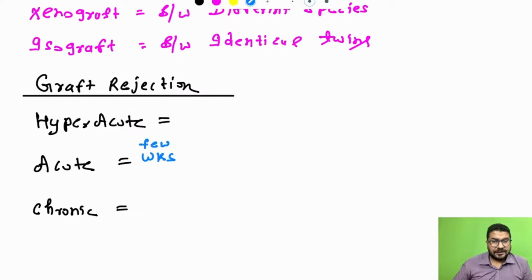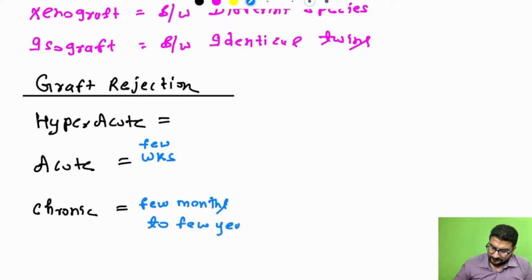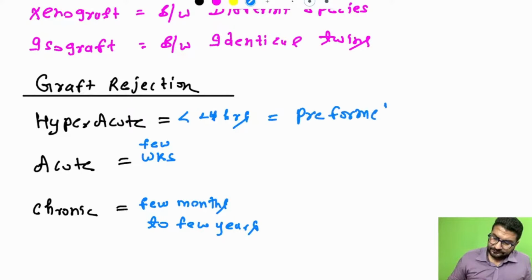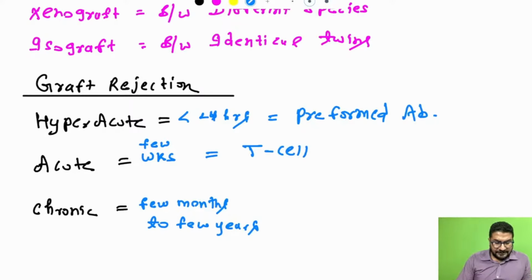And chronic occurs after a few months to a few years. तो 24 घंटे से पहले हो गया या ऑपरेशन टेबल पर ही हो गया, we call this hyperacute. So understand this thing. Hyperacute is due to preformed antibody. Acute occurs due to T cell action. Acute क्यों होगा? Because of T cell action.